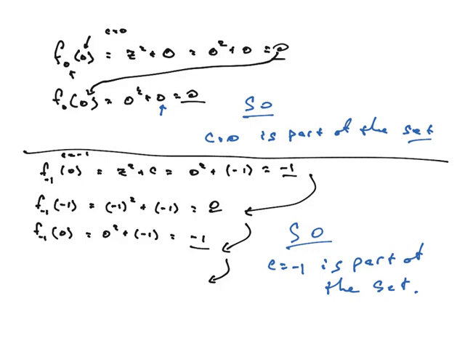If you choose a c where at some point the output is 2 or bigger, even if it takes lots and lots of steps of iteration to finally see it happen, then you know it's fated to eventually blow up to infinity, and so that c is not part of the set.